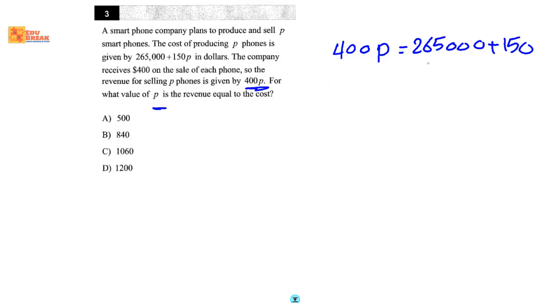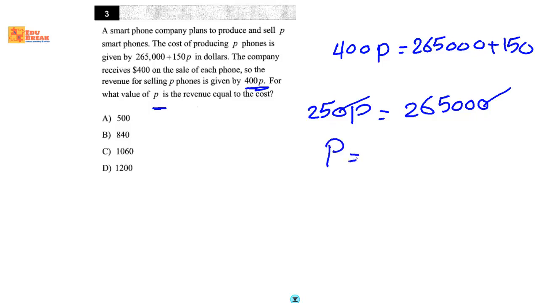So to find the value of P, we can subtract 150P from both sides, so we have 250P equals 26,500. So cancel 0 with the 0, means P equals, divided by 25 for both sides, 265 divided by 25, I think it will be equal to 1,060. Yes. Okay, so P equals 1,060, so the answer is C.